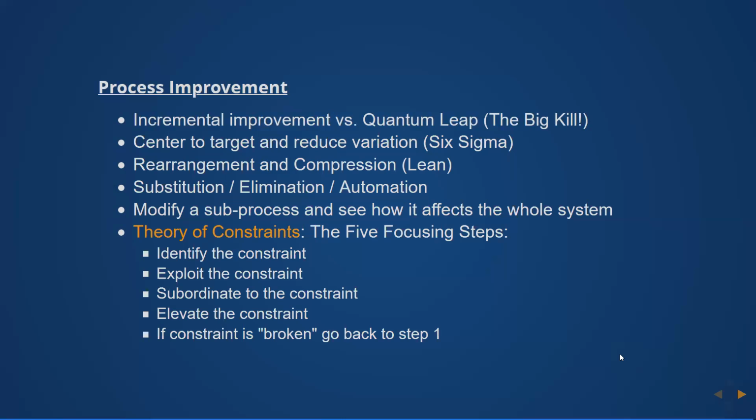And typically, the process you're going to be working on is whatever the bottleneck is in the larger process. And then you'll figure out what happens and then reattack the next constraint.